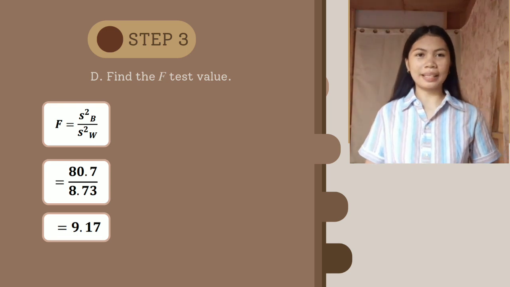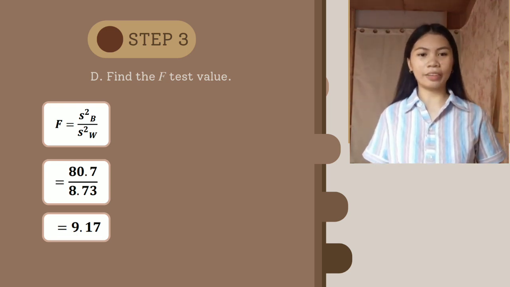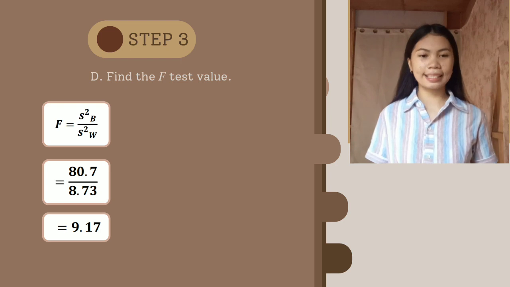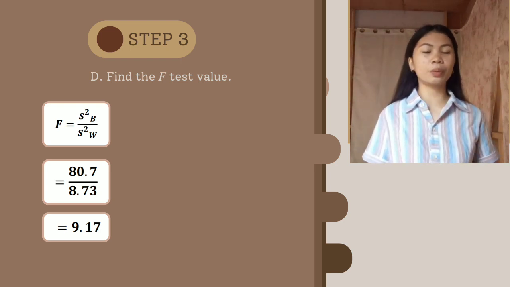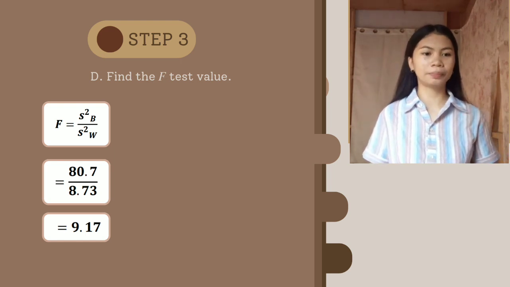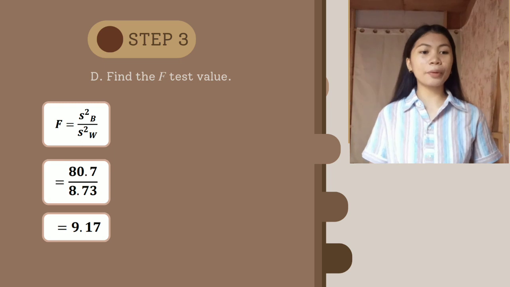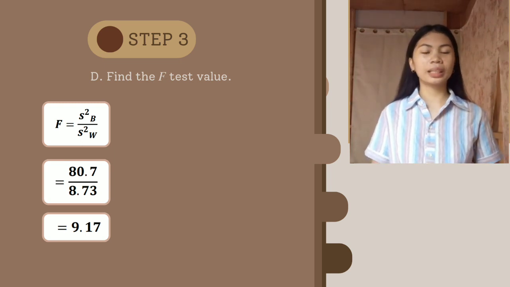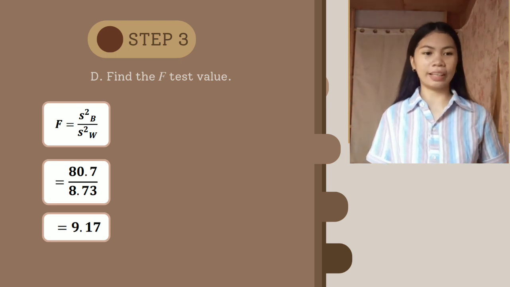The next step is finding the F-test value. The formula is F value equals sum of squares between the groups over sum of squares within the groups, equals 80.07 over 8.73 equals 9.17.